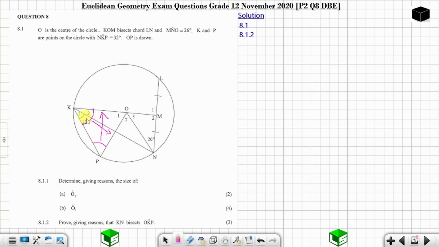So we can find the sum of the two angles, and then we are going to divide by 2 because the two angles are equal.